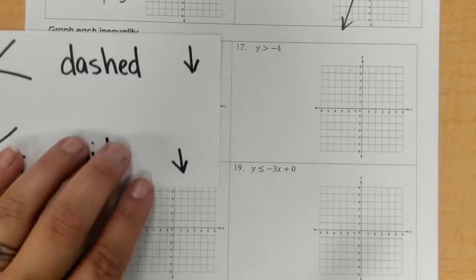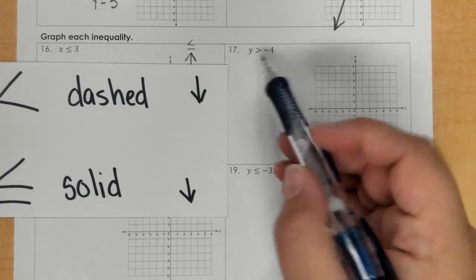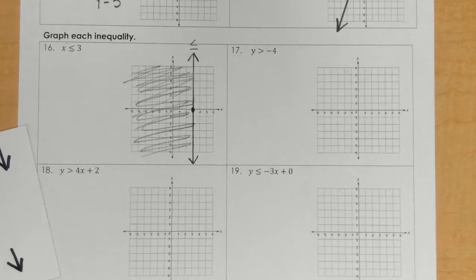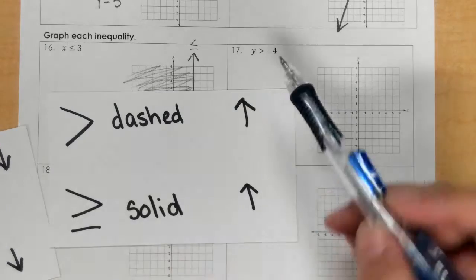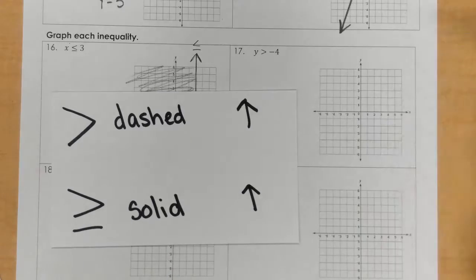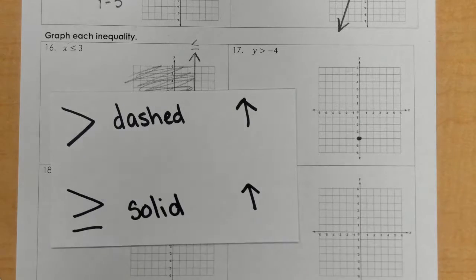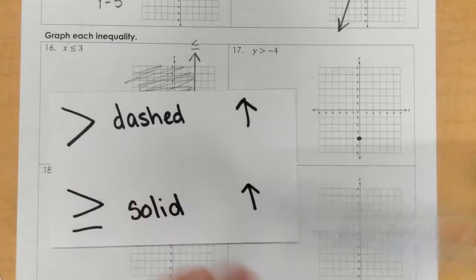Now, for number 17, we have y is greater than negative 4. So I would look at my chart. I see greater. So I'm going to go to the y-axis. I'm going to put a point at negative 4 on the y. I'm going to go left to right.